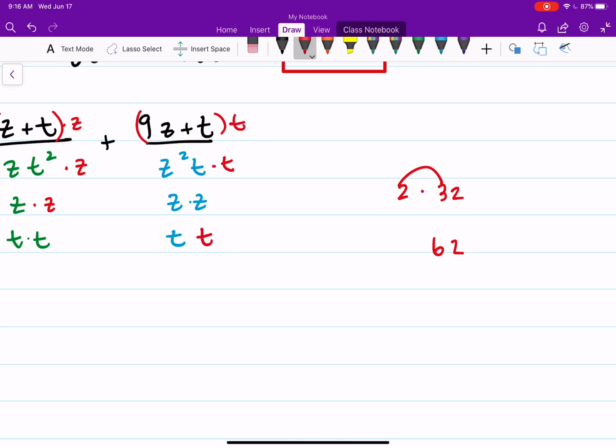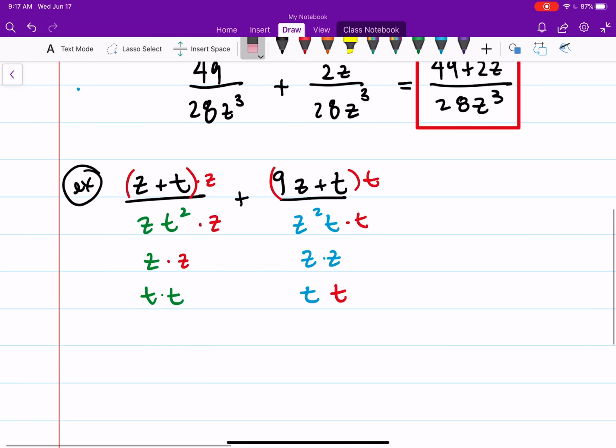Or think about this: back in the day, 2 times 2 is 4, 2 times 3 is 6, so there's my answer. You multiplied both things. So this is essentially the same thing. That binomial is actually a number, so this z actually has to be distributed, and this t has to be distributed.